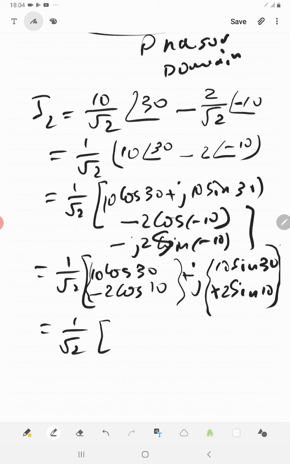And let's go to I2. I2 is 2 angle minus 10.